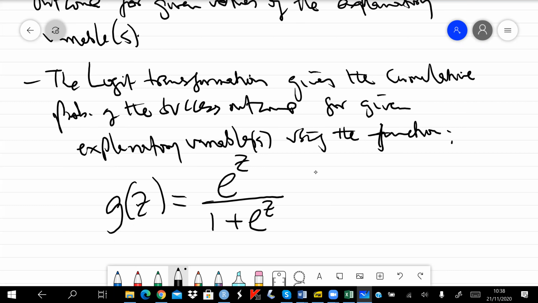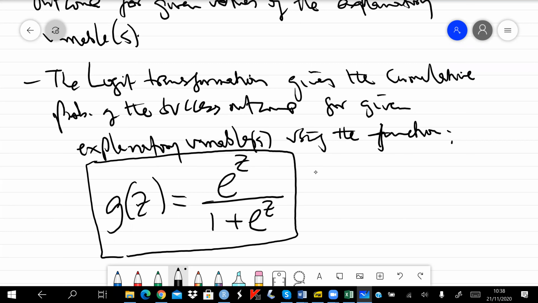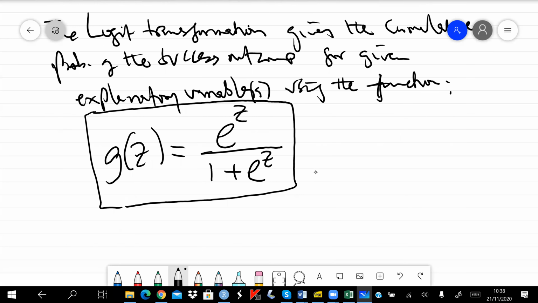How this formula is arrived at is not required for you. So that's the formula that you use to obtain the probability of the success outcome for given values of the x variables.